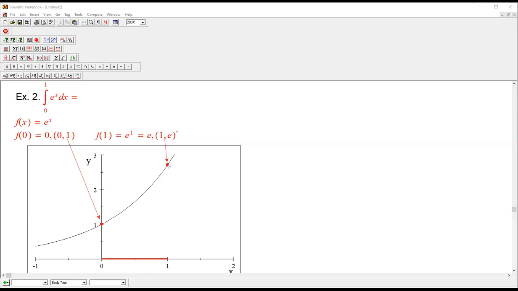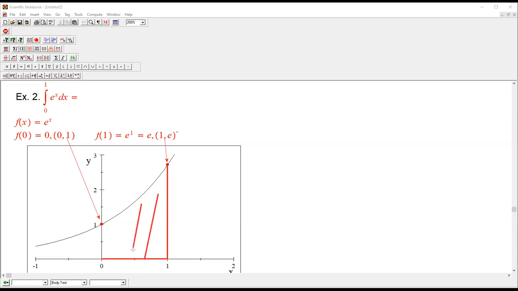Okay, and the area of our interest, because we know that we want to find the area underneath the curve, or between the curve and the x-axis. So what is the area? The area is this piece from here, here, all the way along the curve. That's all of it.